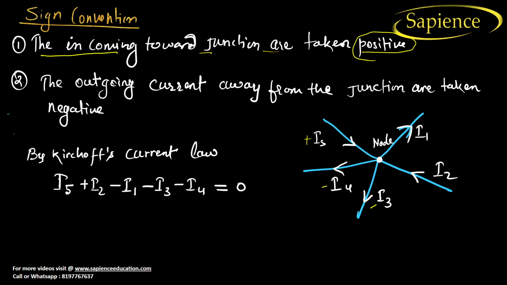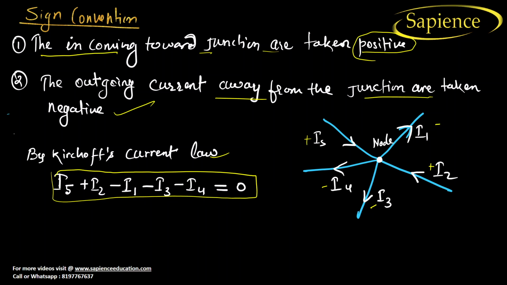I3 will be negative, I2 will be positive, and I1 will be negative, right? So the outgoing currents away from the junction are taken to be negative. So by Kirchhoff's current law, if you add the total current with the proper symbol, it will be 0. This is known as KCL.